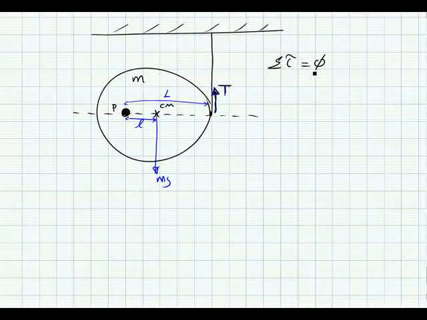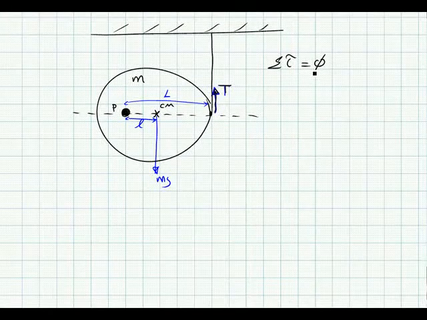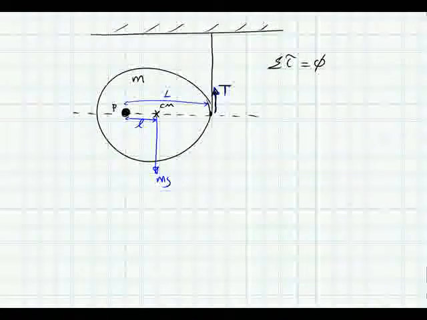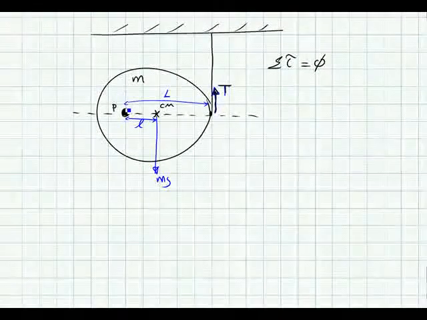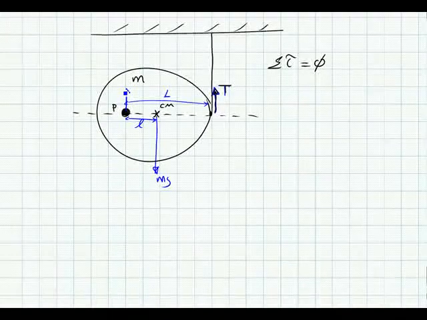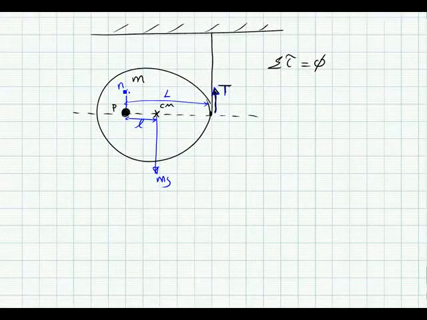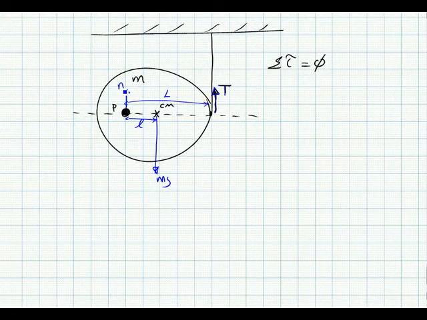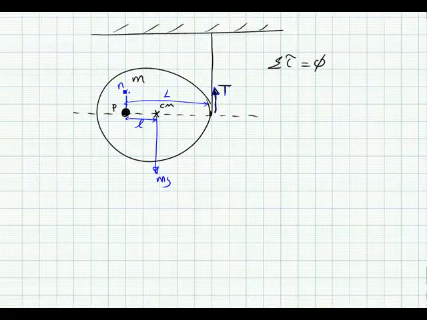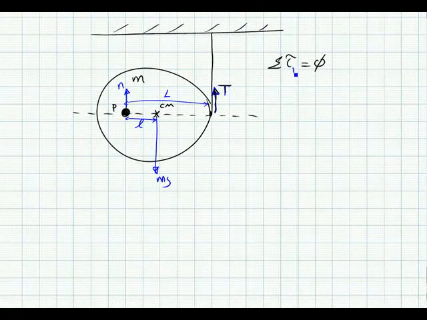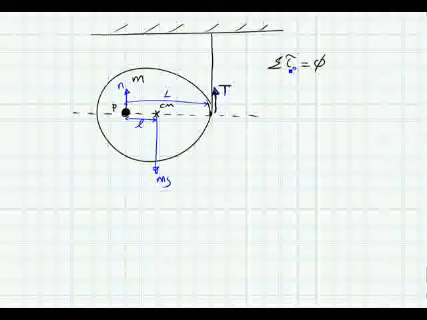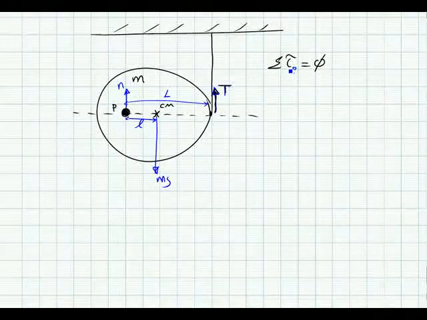Now let us go ahead and figure out the torque. Actually, I forgot, let me back up. There's one other force that acts on this body, and that's the normal force from the pin acting on this artwork. So let's call that the normal force. So the torque about any point must equal 0, and I'm going to choose the pivot point to calculate the torques about. Why is that?